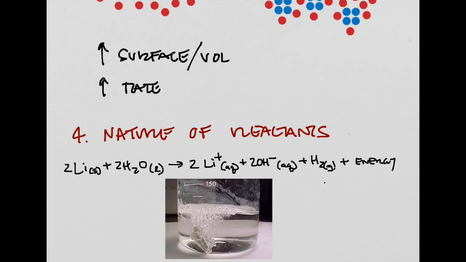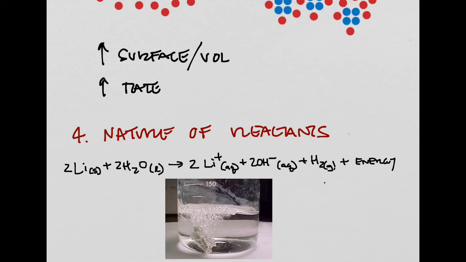And you can see here when I put lithium into a beaker with water, it bubbles vigorously. And when it bubbles vigorously, the bubbles indicate that it's hydrogen gas that's evolving, and it heats up the water. And so if you were to stick a thermometer in there, you'd see that the water was warmer, and lithium ions and hydroxide ions are also formed.